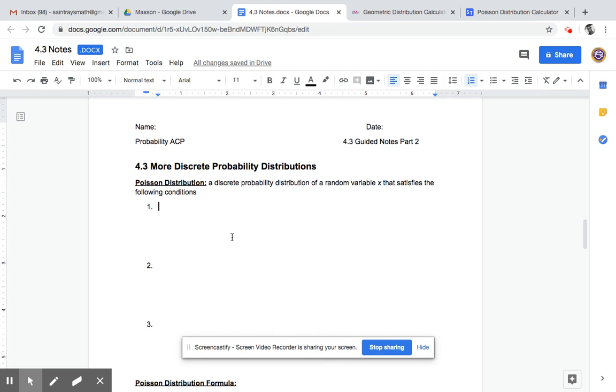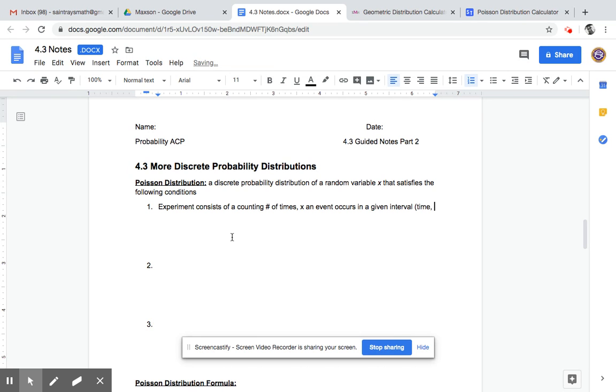The first one for this distribution: the experiment consists of counting the number of times, x, an event occurs in a given interval. So you have a certain interval, maybe a certain amount of space or time.